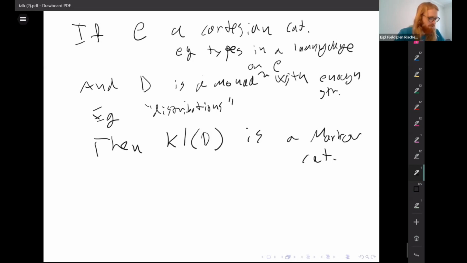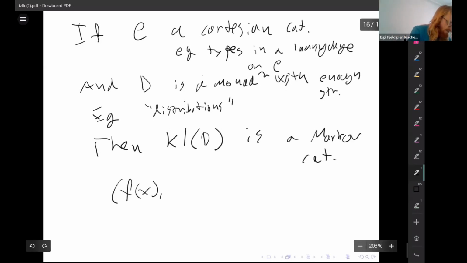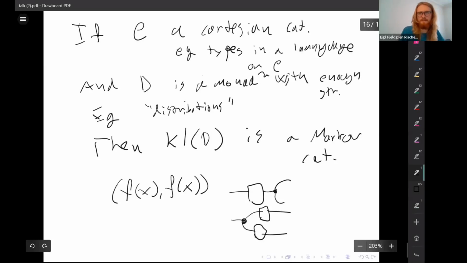If you're the internal language of something like this, it's very similar to programming in a Cartesian category, which is just programming with equations, except that there are two meanings of the term f of x, and you need a different syntax for each of them.